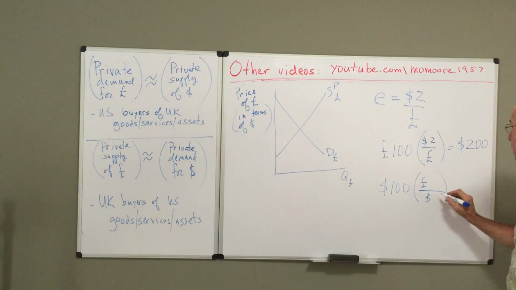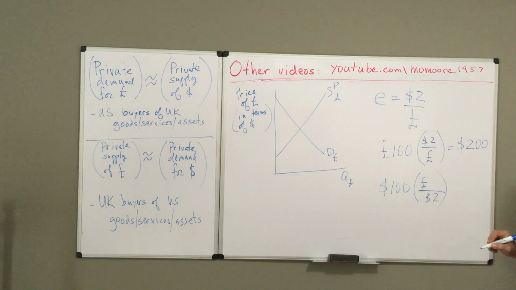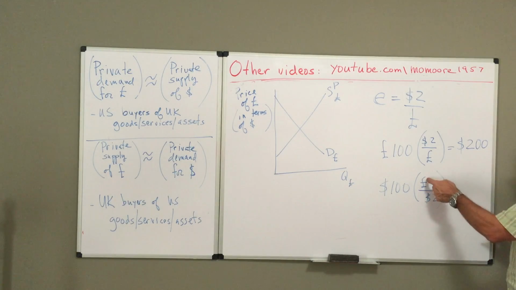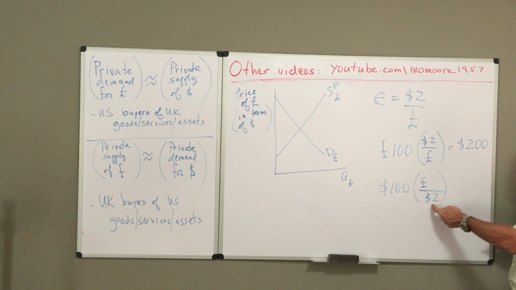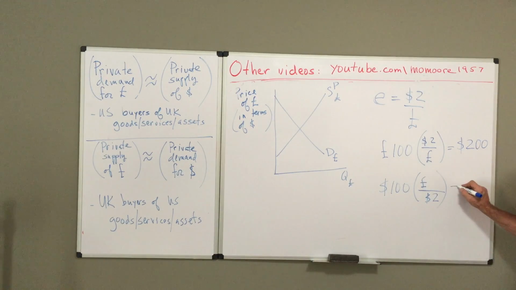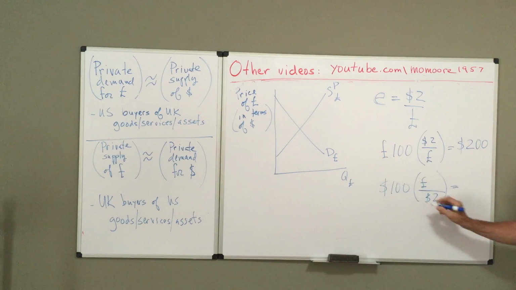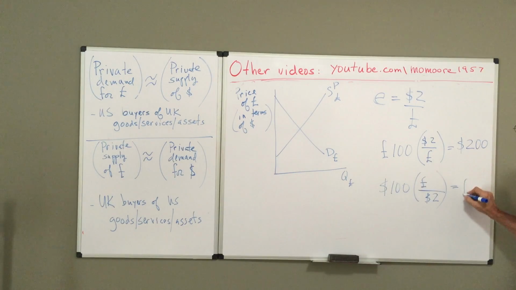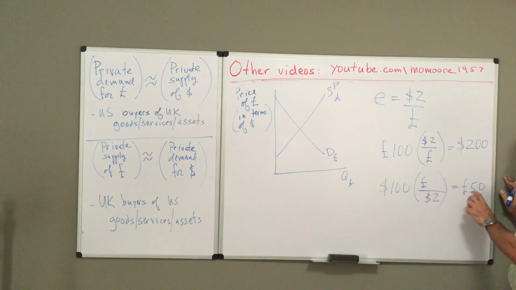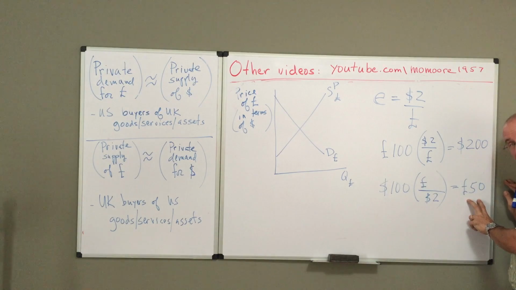This exchange rate is the same thing as 1 pound over $2. The dollars cancel, and what we're left with is that at this exchange rate, $100 is worth 50 pounds.